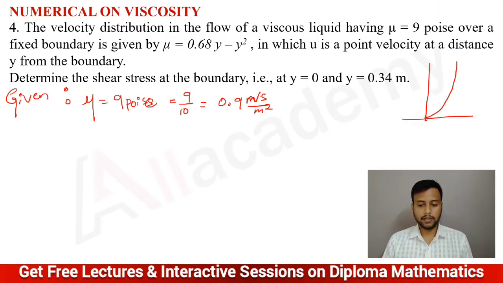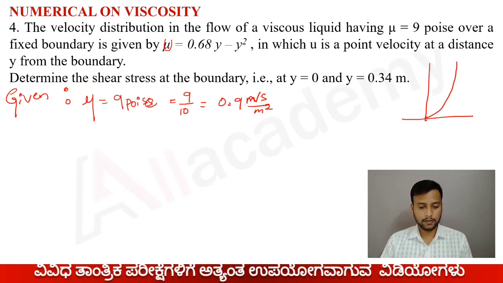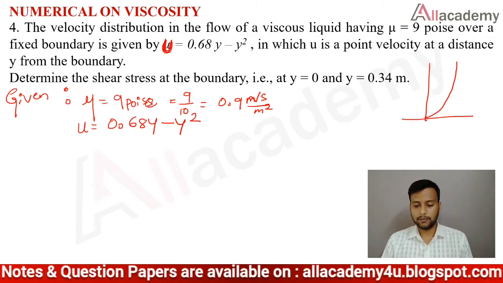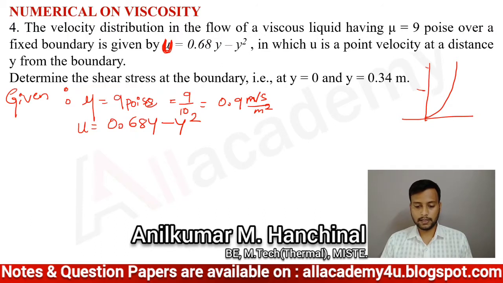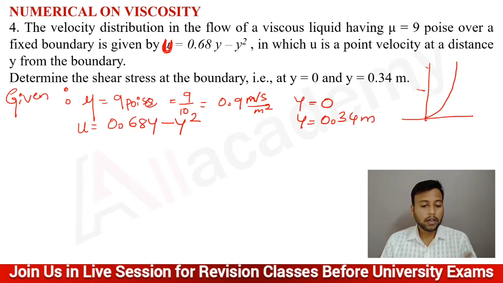Now he has given over a boundary the velocity u, in the form of 0.68 y minus y square, where y equals 0 and y equals 0.34 meter. What will be the shear stress we need to identify?